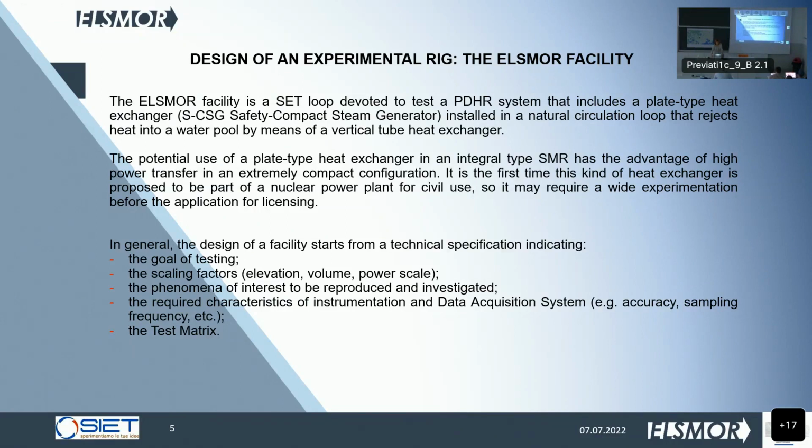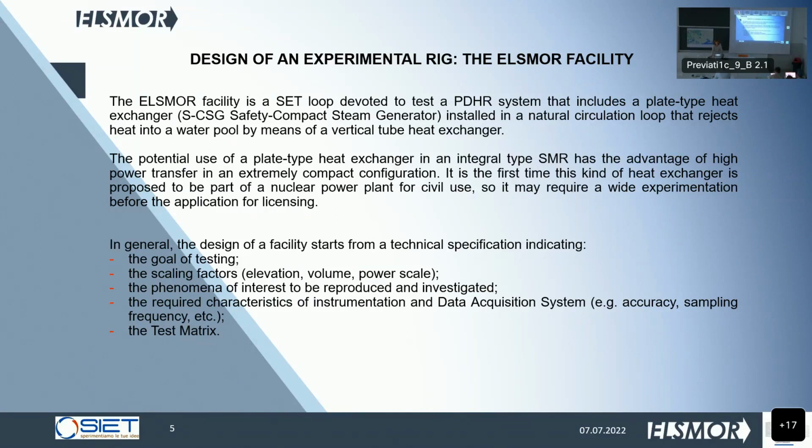Then the specification should include which phenomena are of interest to be analyzed in the simulation, in the facility, I mean. And it also specifies the instrumentation that is needed, in general in terms of points of measurement.